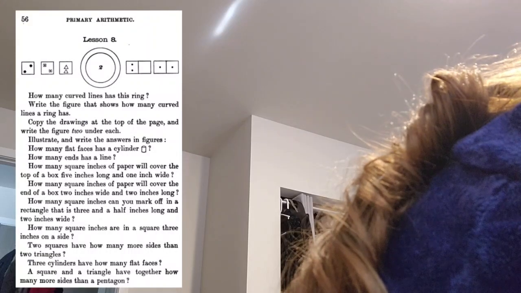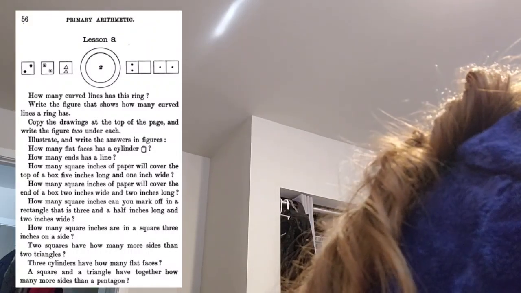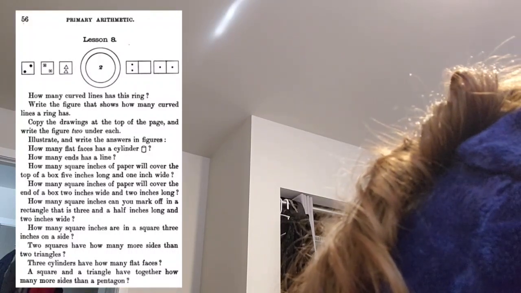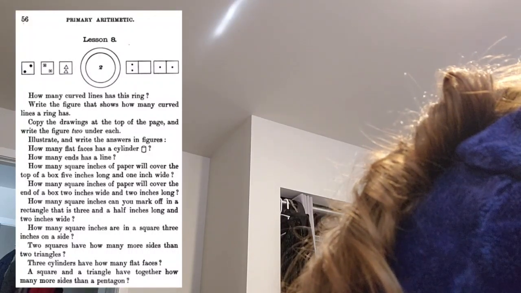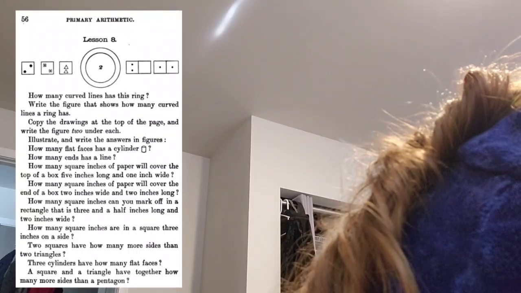You'd need 4 squares of paper. Wait, I think I lost my spot.